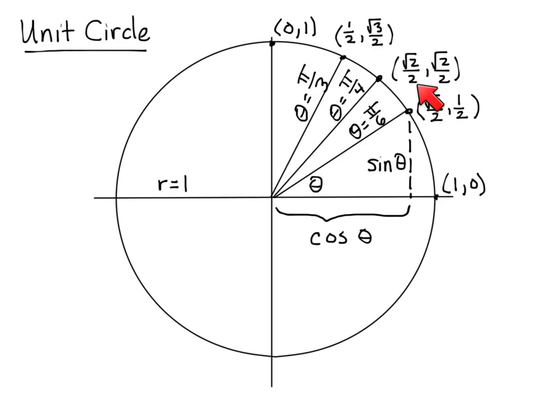The cosine of pi over 4 is going to be the square root of 2 over 2. The cosine of pi over 3 is going to be 1/2. So we read that first coordinate as the cosine. The second value in the coordinate pair is going to be the sine, because that's the height of it. That's the y value.